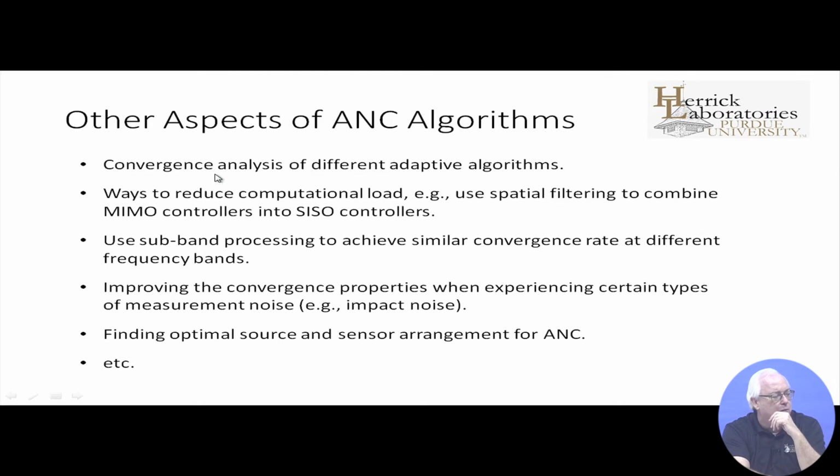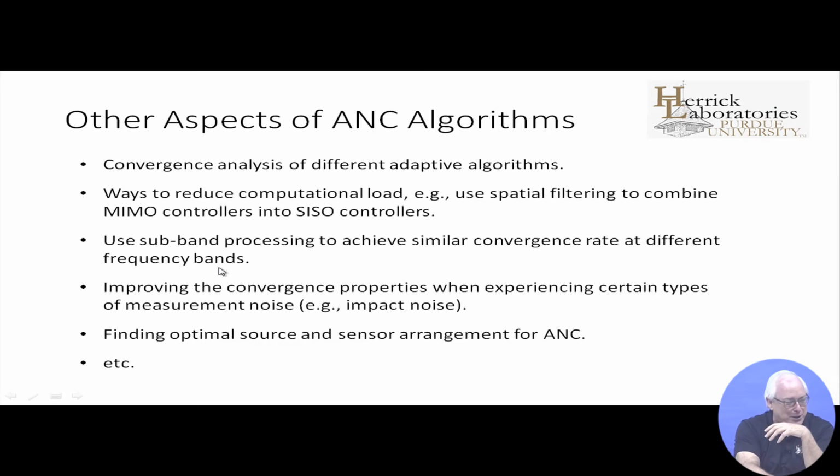And so there's a whole bunch of other stuff that people are concerned with: convergence analysis of different adaptive algorithms, ways to reduce computational load, turning multi-input, multi-output controllers into single input, single output under certain circumstances. Using, I'm afraid I associate subband with Star Trek, right?